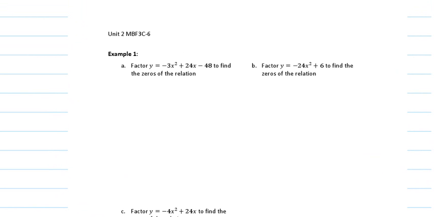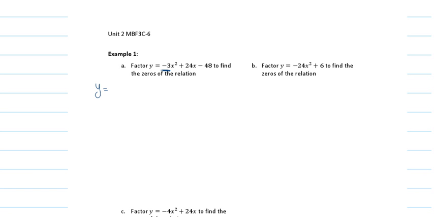In this case, y equals negative 3x squared plus 24x minus 48. Do I have a common factor? Negative 3, right? Because that 3 has a negative in front of it, and you don't want it there. So you want to factor it out.